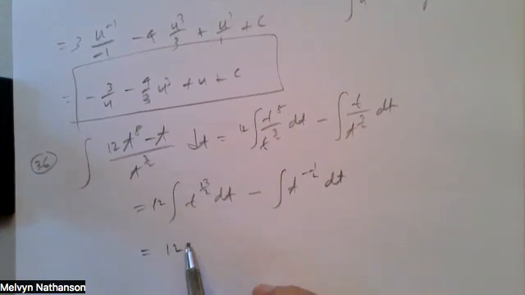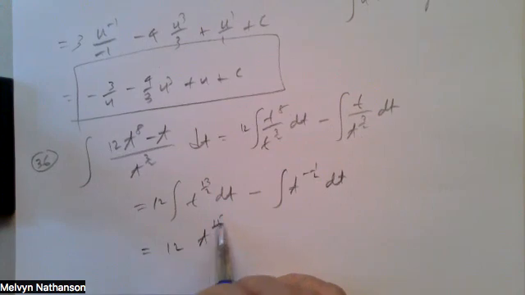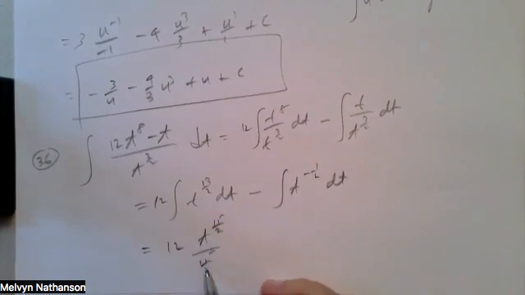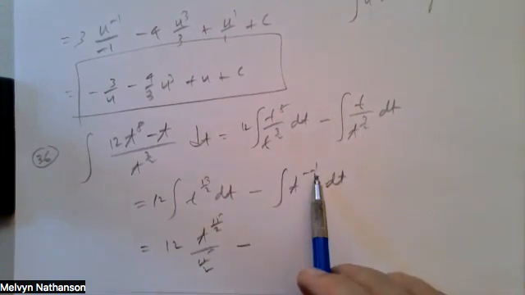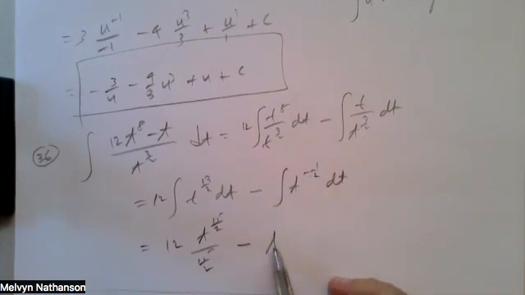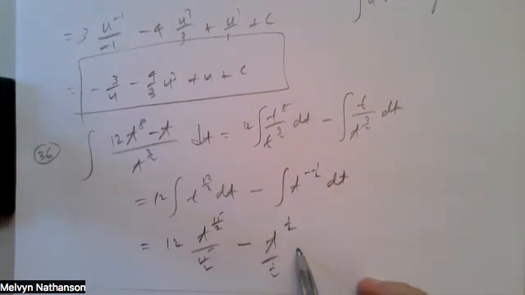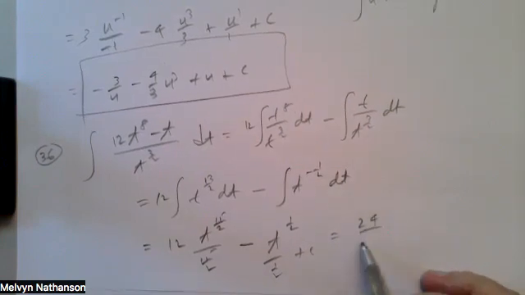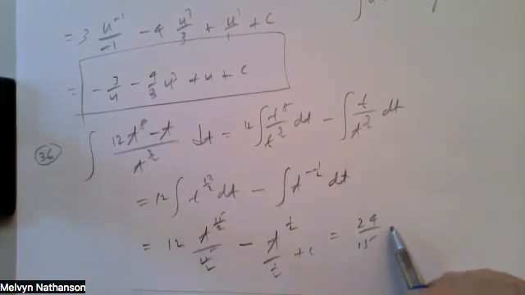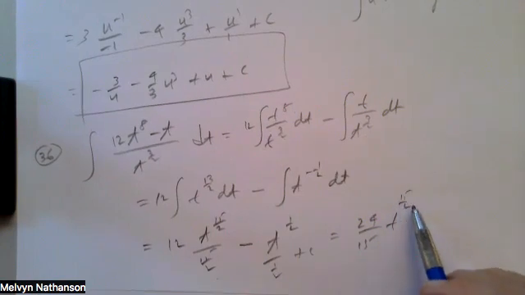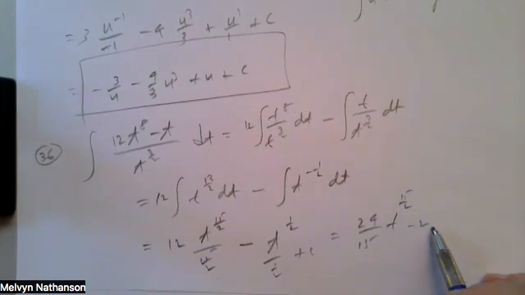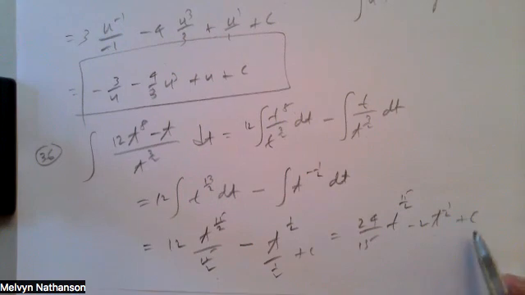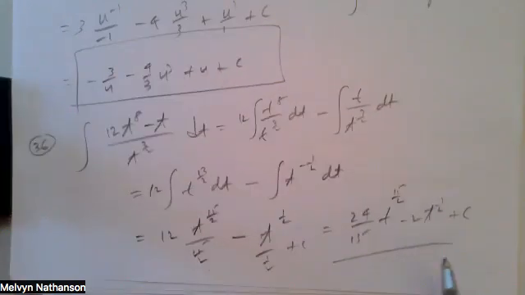If I add 1 to 13 over 2, I get 15 over 2, over 15 over 2. If I add 1 to minus 1/2, I get plus 1/2, plus a constant. So this is equal to 24 over 15 t to the 15/2 minus 2 t to the 1/2 plus a constant. That's the answer.